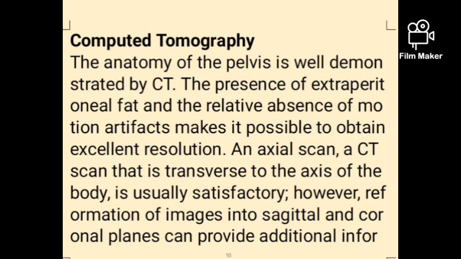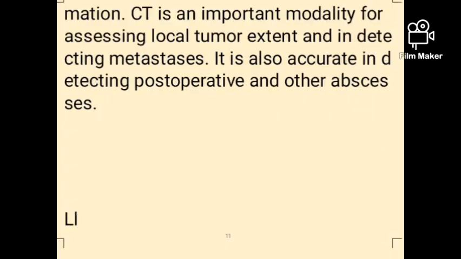An axial scan, that's a CT scan that is done transverse to the axis of the body, is usually satisfactory. You can also have the sagittal and the coronal sections, planes, and these give additional information.